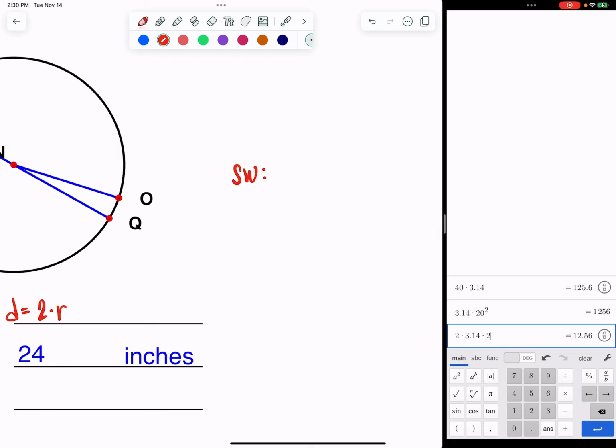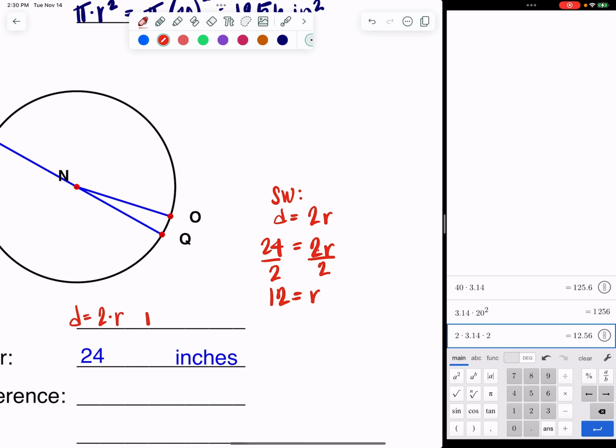There's my scratch work. And diameter is 2 times the radius. Well, I know the diameter. The diameter is 24. And by now, you guys are equation solving rock stars. And you know that in order to undo multiplication, you divide. So that tells me my radius is 12 inches.